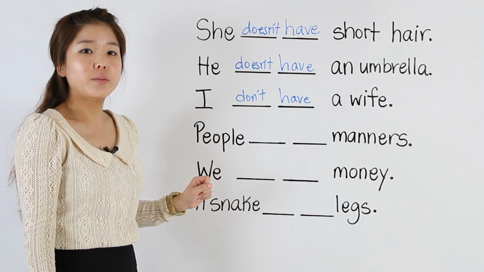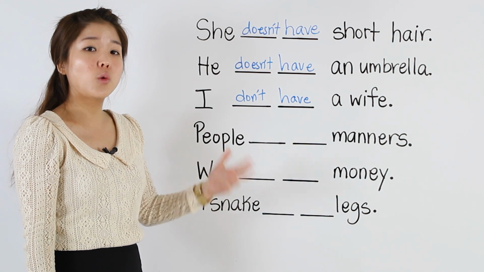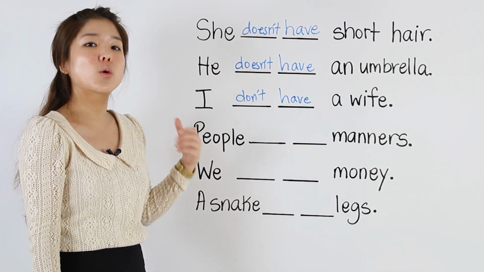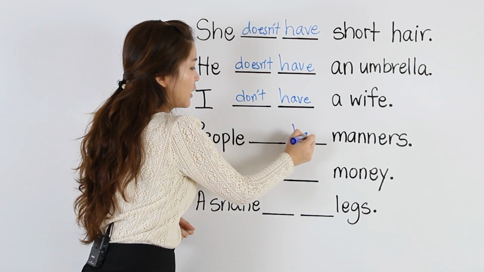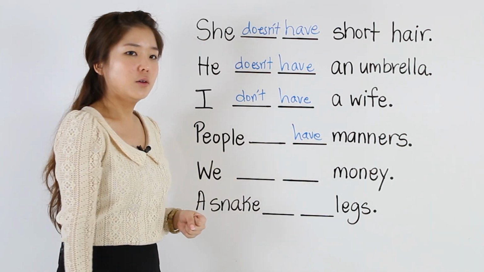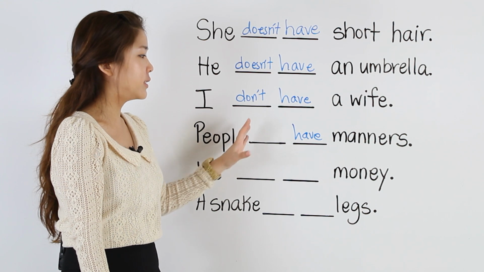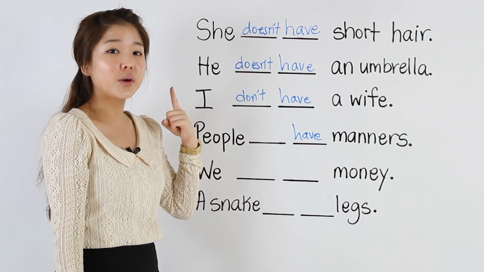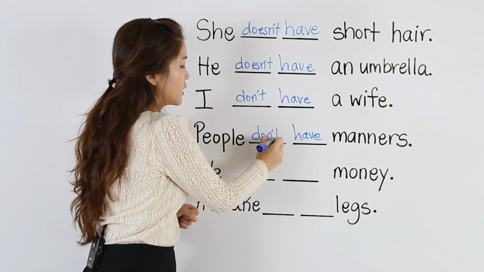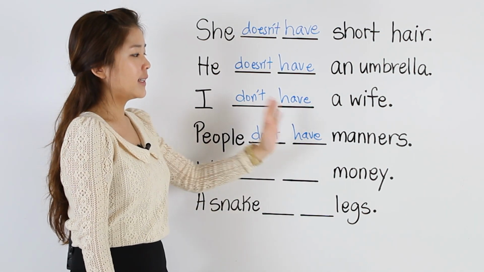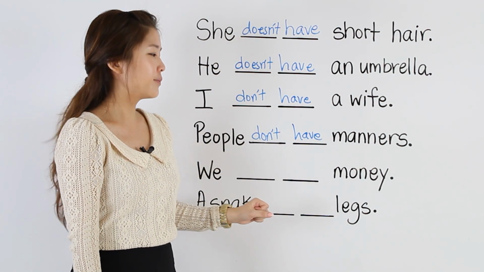People. Remember, if we have more than one person, animal, or thing, we have to think of they. For they, do we use don't or doesn't? Do you remember? The correct answer is don't. People don't have manners.